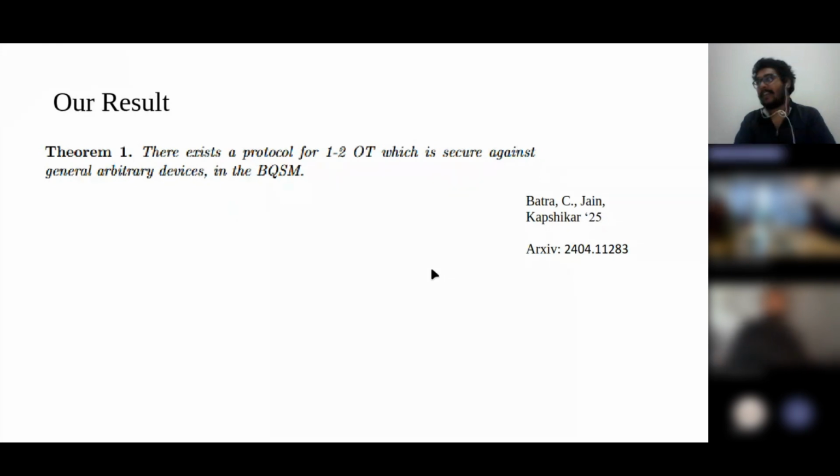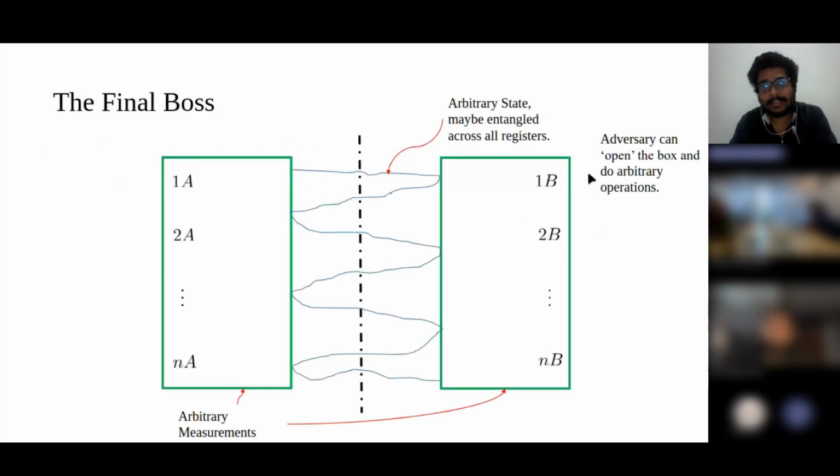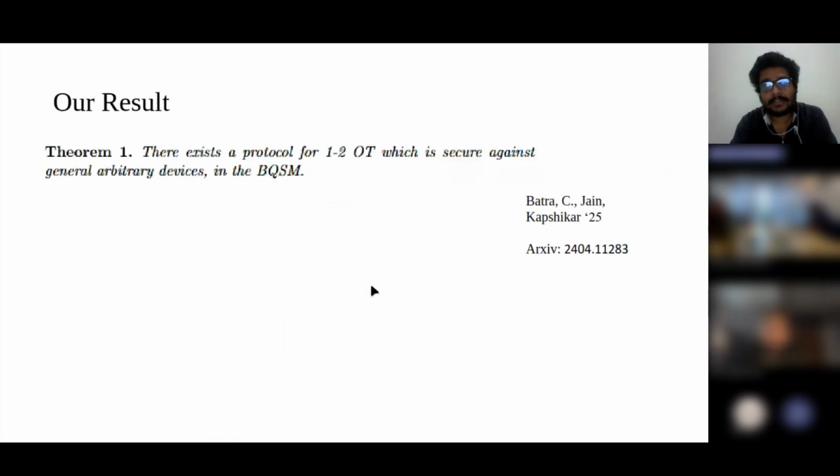And the key to this is something called the parallel repetition theorem. So we leveraged the power of the parallel repetition theorem to prove what we did, and we had to prove a new version of the parallel repetition theorem for the BQSM model specifically. But essentially we showed that even in this completely screwed up setup, you can have completely device independent protocols.